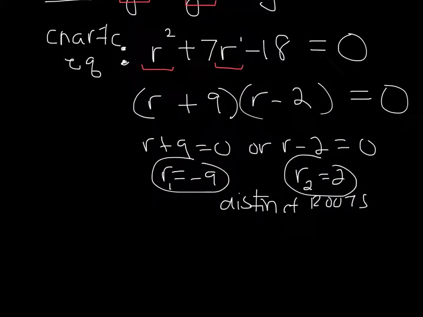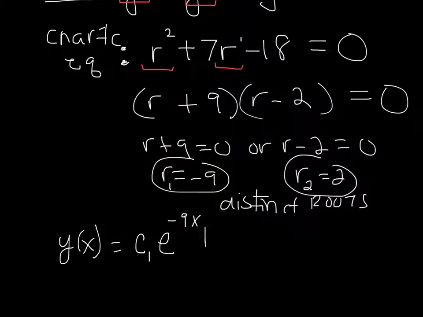So using our same theorem, I think it was 5, our general solution is c1 e to the r1x, so my r1 is negative 9, so negative 9x, plus c2 e to the r2x, and my r2 is 2, so I have 2x.